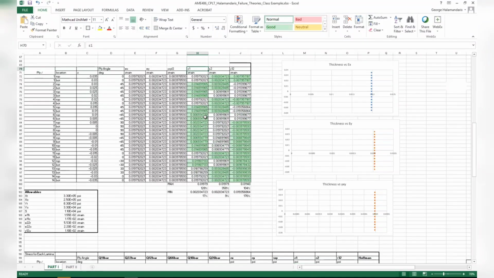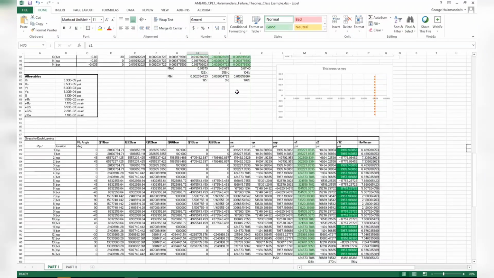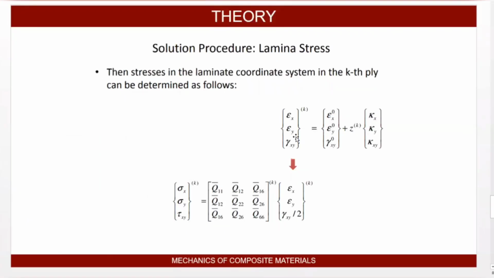Now you have strains in the ply or lamina coordinate system, and from that you can as well find stresses in the global and local coordinate system, and that is done with your QBar matrix relationship here.